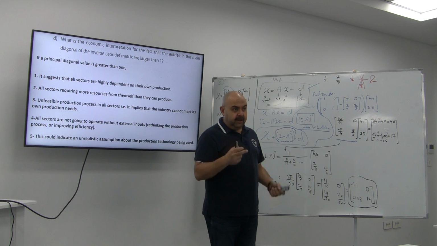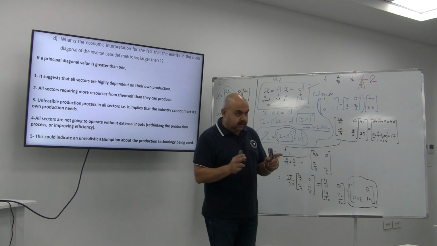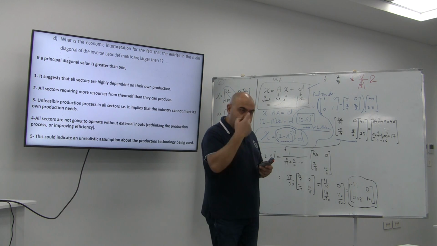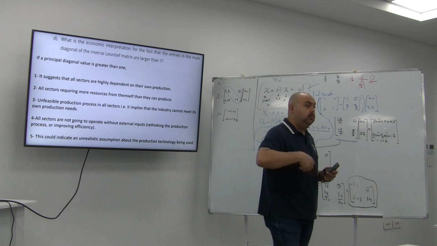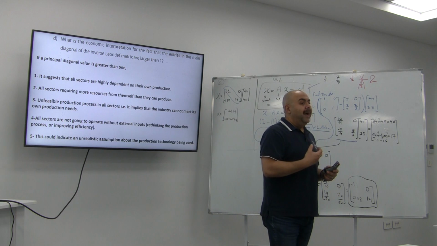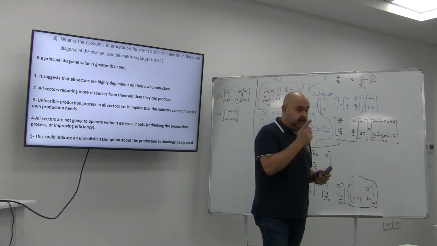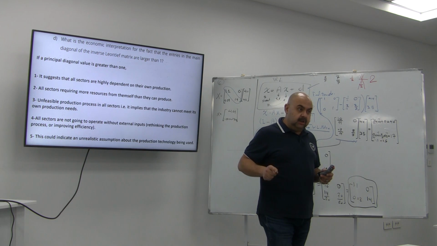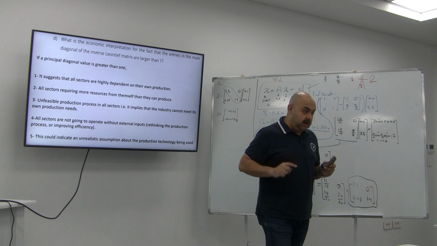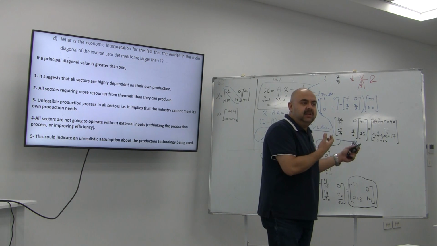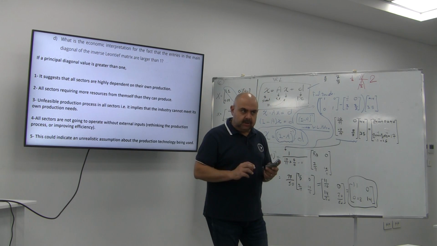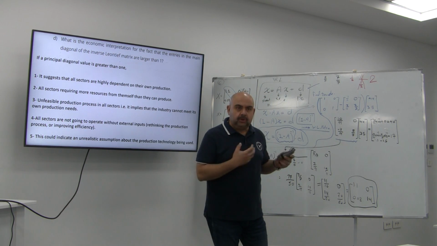A11 is the amount of input that is used for the first sector in order to start or continue producing. So having more than 1, it means that this sector will need more input than the output of the sector.